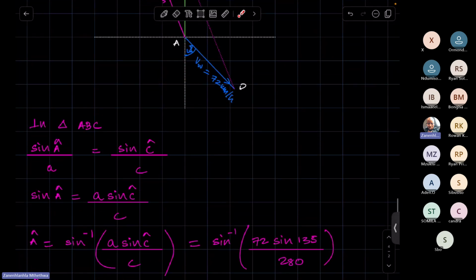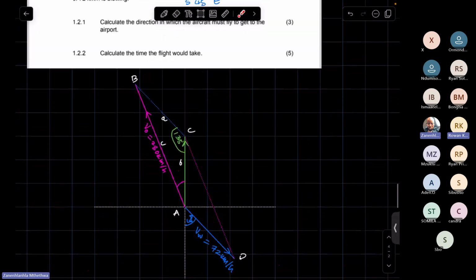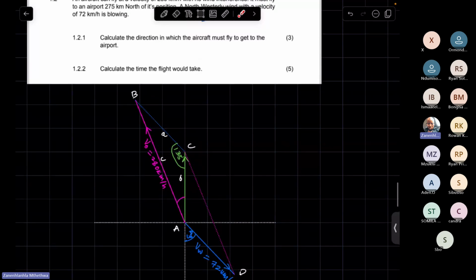That's why I actually like the parallelogram method, it seems more convenient, especially for this case where we have to calculate the angle. So I'll do it and send it to the group because it's going to take a while. Okay, sir. Thank you.